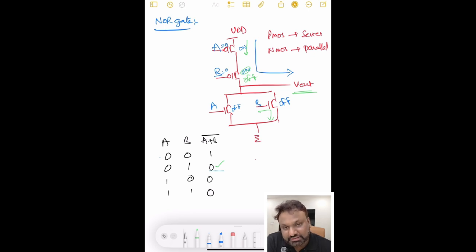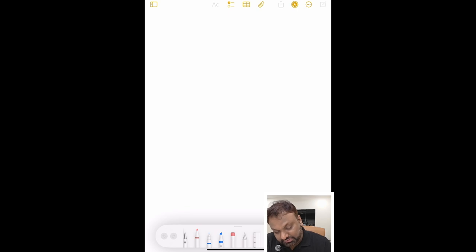2 PMOS transistors and 2 NMOS transistors. PMOS transistors are connected in series, NMOS transistors are connected in parallel. Similarly, if I want to convert this into an OR gate, I will draw the diagram once again.